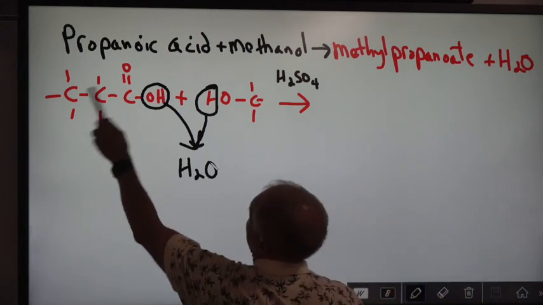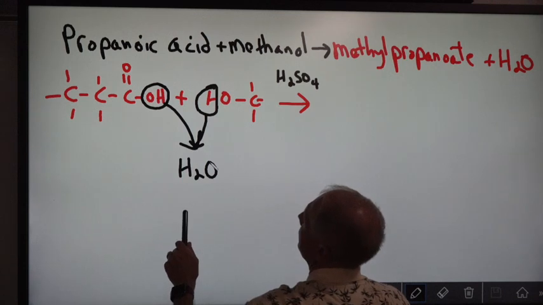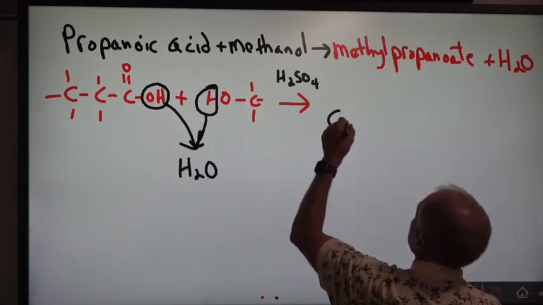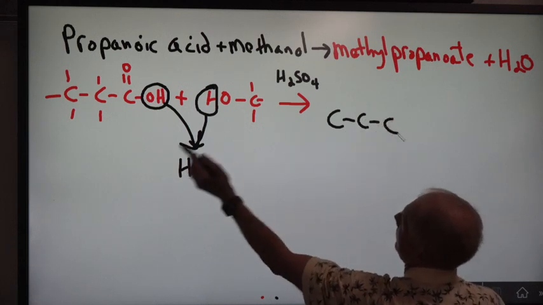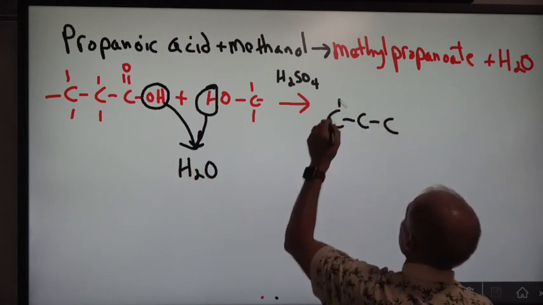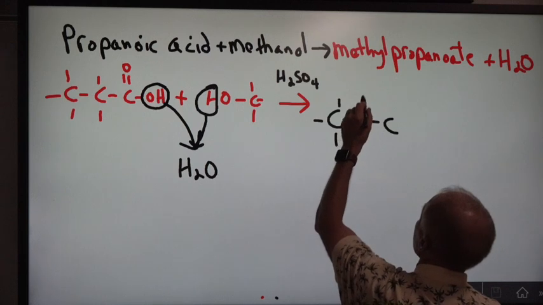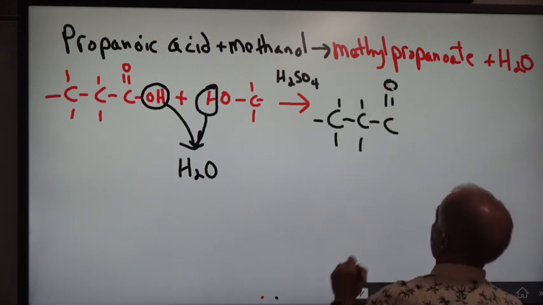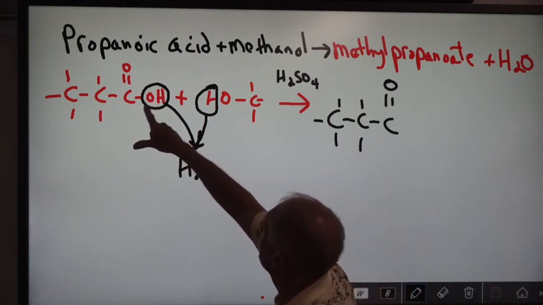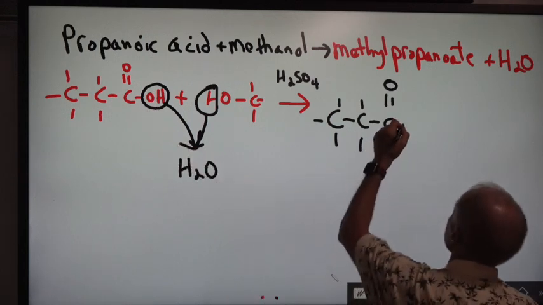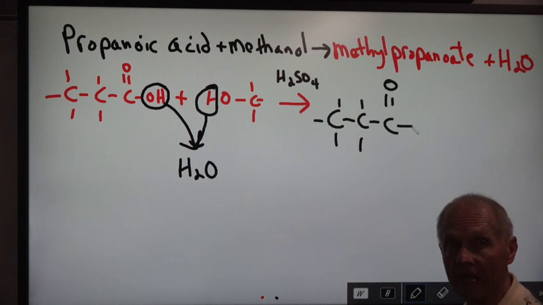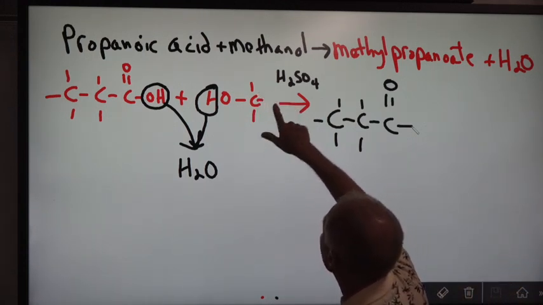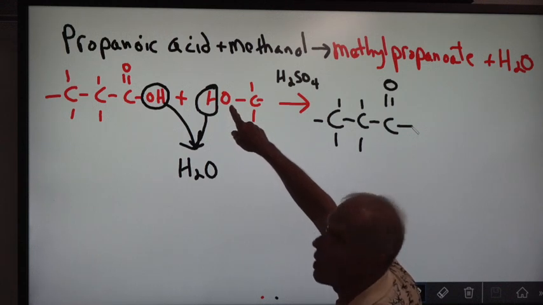Everything here stays the same. That double bonded O stays the same. So we have 3 C's. We've got 3 H's around the first one. We've got 2 H's on the second. We've got a double bonded O up here. But we don't have anything hooked to that yet. So for this one, we've got 1 C, H, H, H, and we got just an O there.